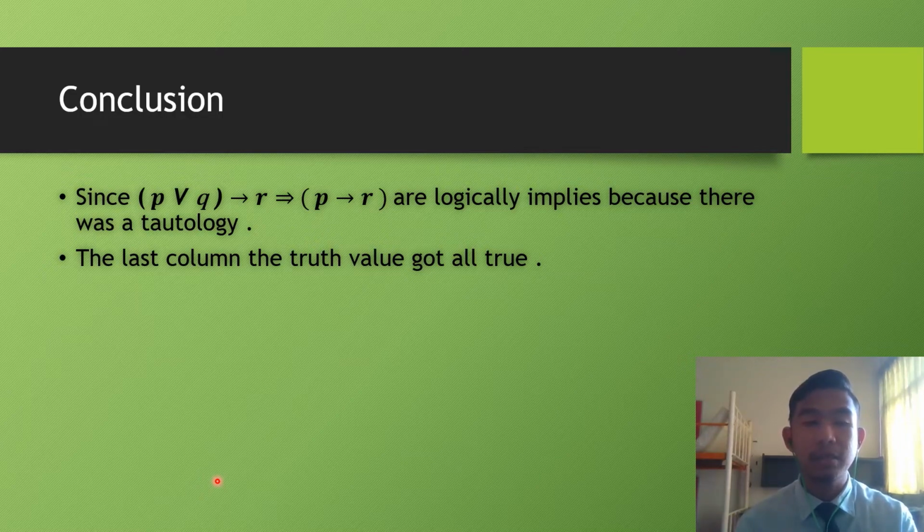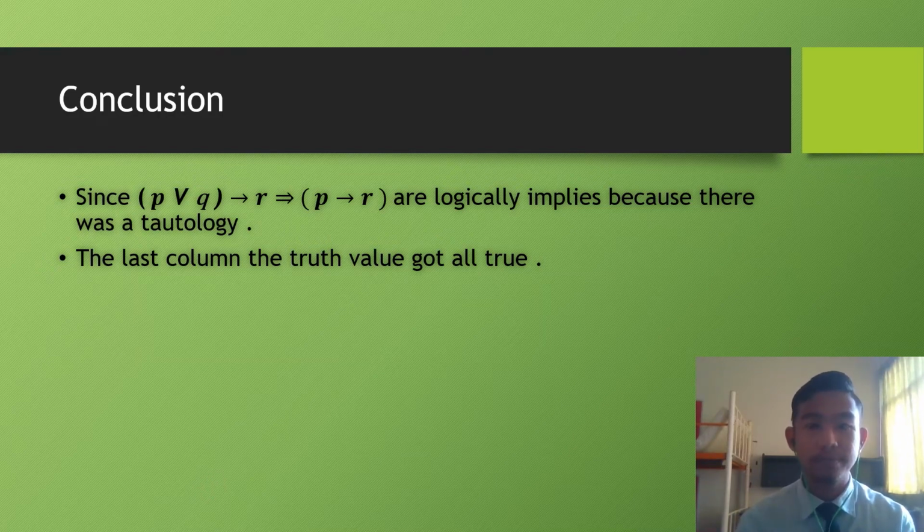So since the statement P or Q implies R logically implies P implies R, because the last column is a tautology. The tautology means that in the last column we got all true, and we know that the statements logically imply each other. So I think that's all from me for example 1.